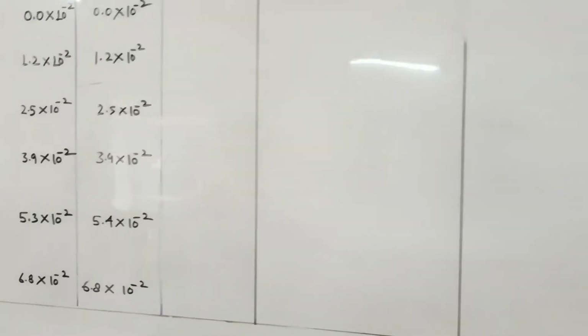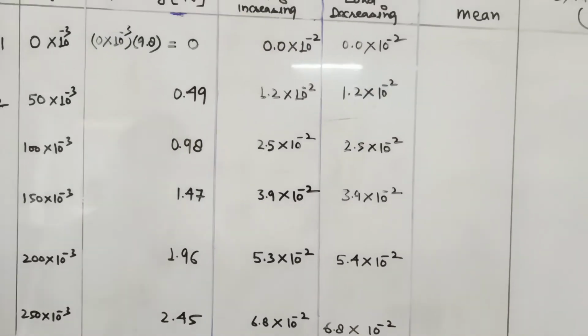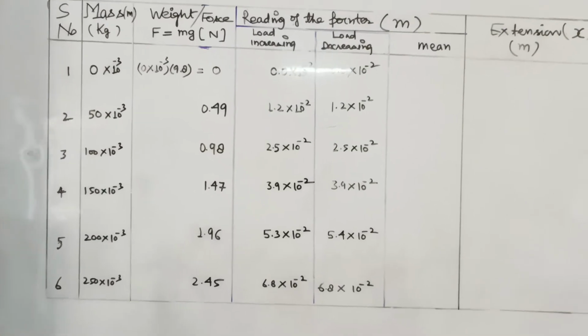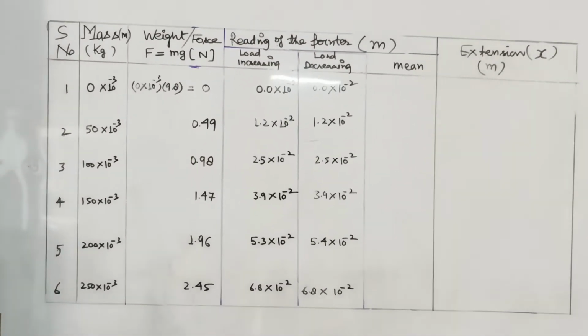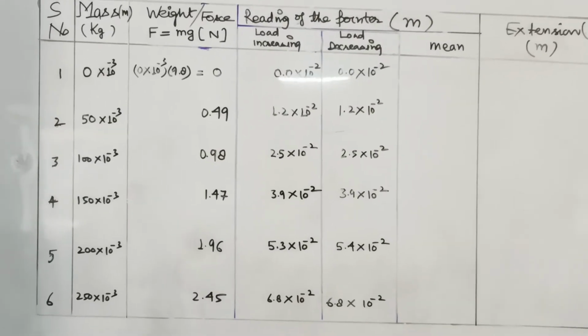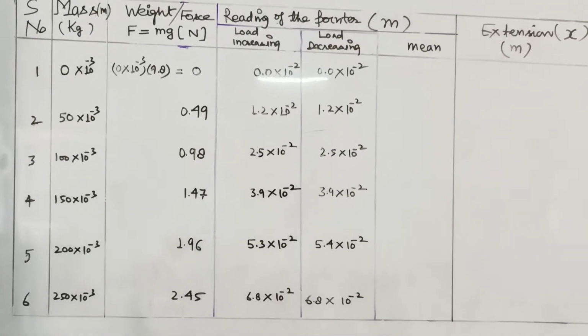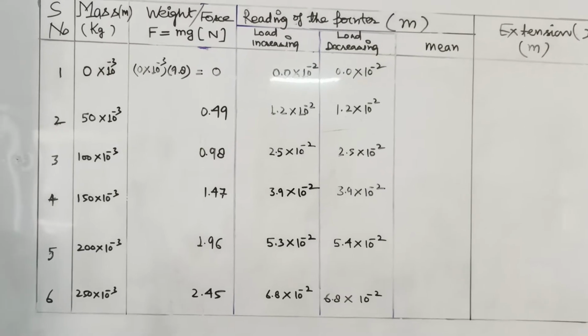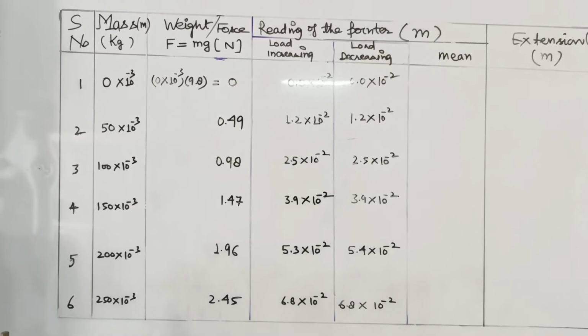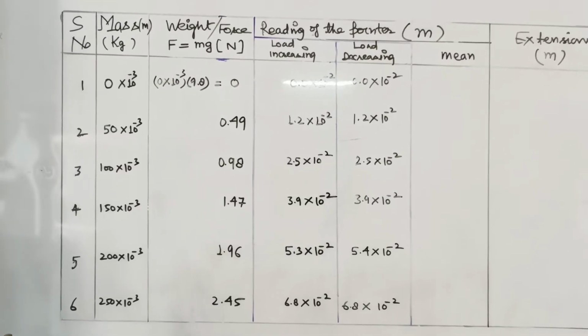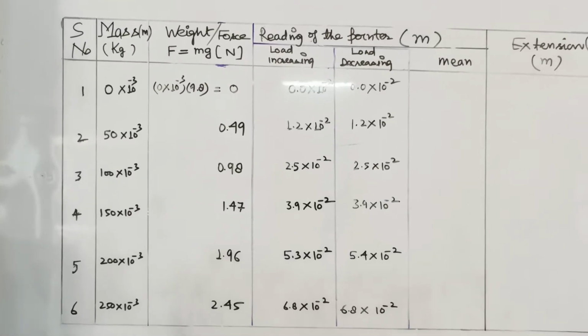So the readings are giving almost the same reading for increasing and decreasing. There may be slight differences while you are doing the same experiment in the lab. When you keep a particular load on the spring, it gets extended, and when you decrease the load, it can retain some extension, and that may be reflected.